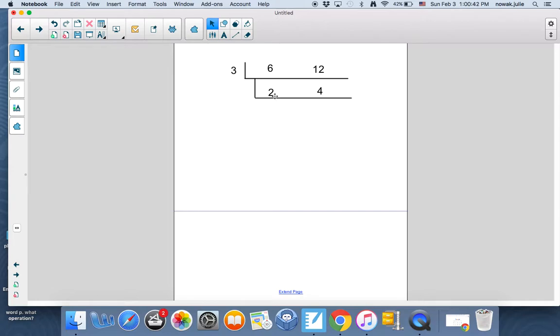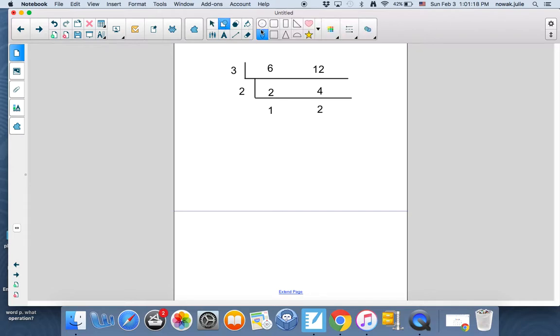We said that the common factor is 2, so 2 goes on the outside. 2 goes into 2 one time. 2 goes into 4 2 times. Now I'm left with two numbers here that only have a common factor of 1, so I know I'm done.